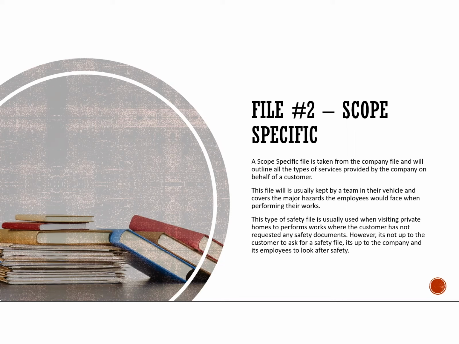Now that is a scope, that is a specific scope that you are performing, a specific task that you are performing. You now have a separate safety file that outlines all of the different types of tasks, scope-specific tasks that you are performing. And this scope-specific file is taken from your original file, because your original file has all of that as a baseline information.